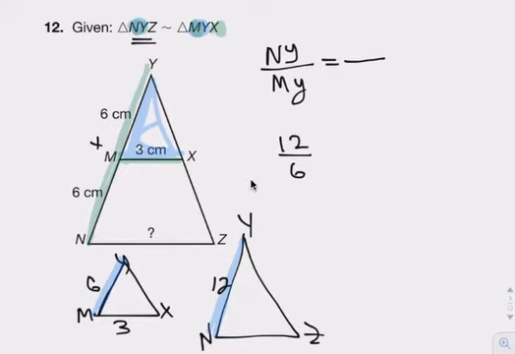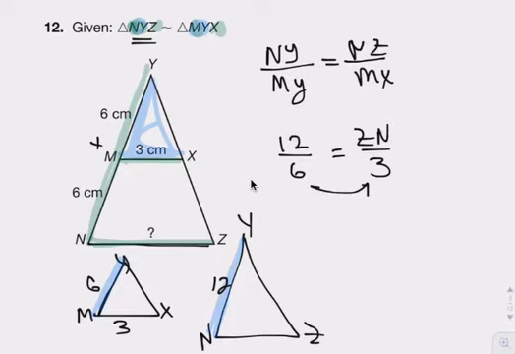MX is 3, which corresponds to this side right here, NZ, you see, which we don't know. NZ is NZ. Well, look, it's 2 times. So most likely it's 6.